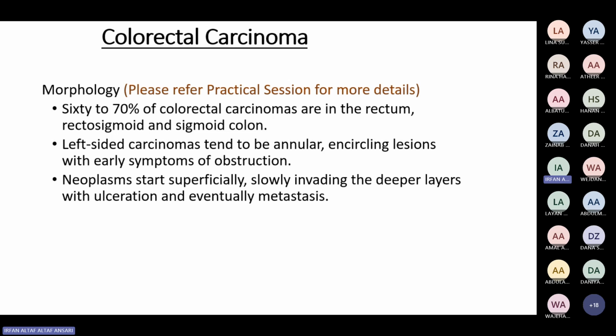60 to 70% of colorectal carcinomas are in the rectum, rectosigmoid, and the sigmoid. The left side. Why the left side? Just think logically, because the majority bulk of the stool stays on the left side, and for a longer period of time.